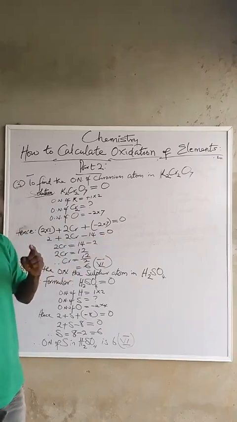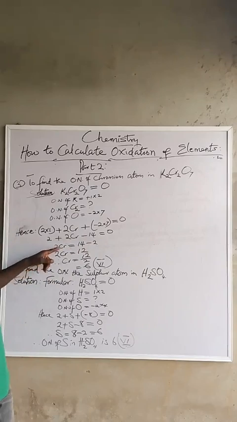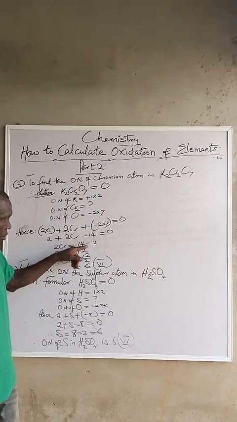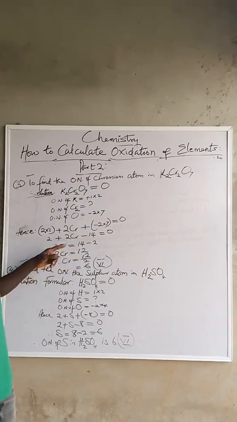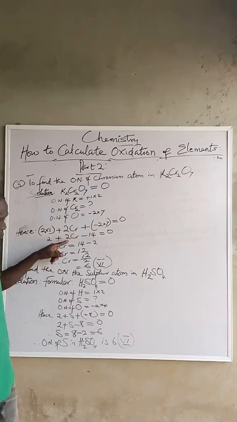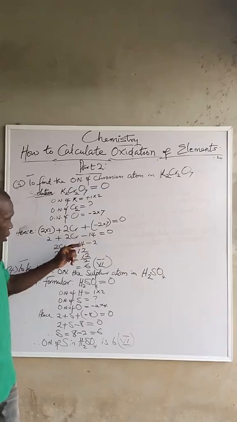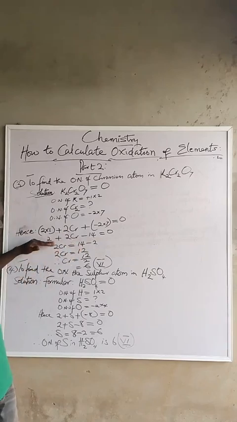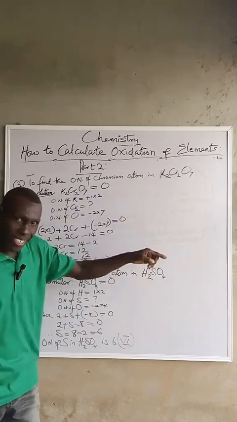Now, our target is chromium. We have 2 atoms of chromium, so 2Cr will be equal to 14 minus 2. Why? Because if you look at this line, 2 + 2Cr - 14 = 0, if you're taking 2Cr as the subject of the equation, every other thing must cross the sign of equality.